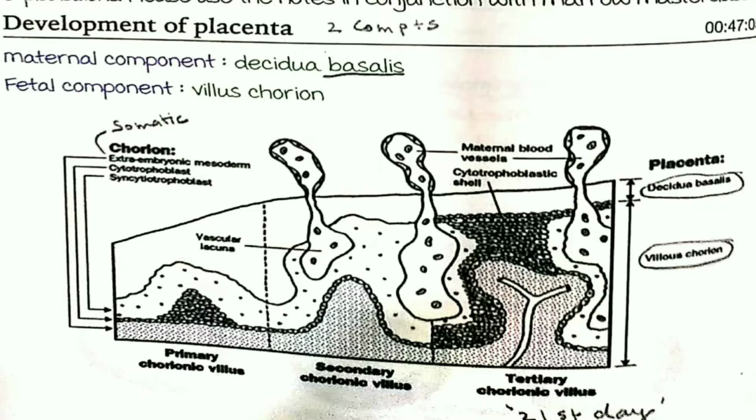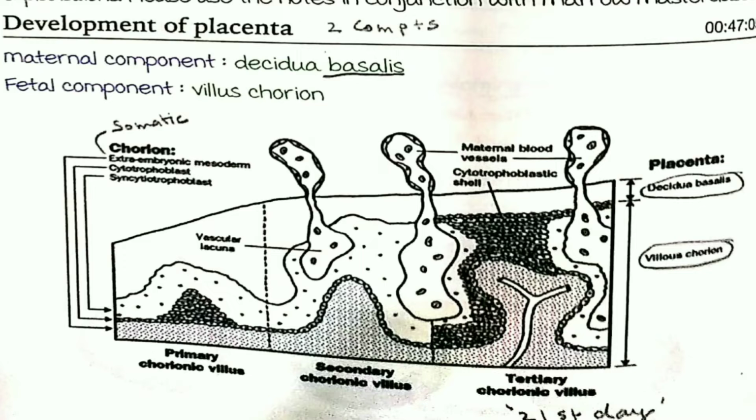In this diagram, I would like to take your attention to the primary chorionic villi, which is formed when the cytotrophoblast invades into the syncytial trophoblast. Before that, let me remind you what the chorion is. Chorion is formed by three structures: the somatic part of extraembryonic mesoderm, the cytotrophoblast and the syncytial trophoblast.